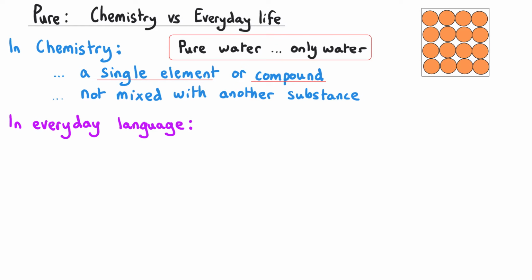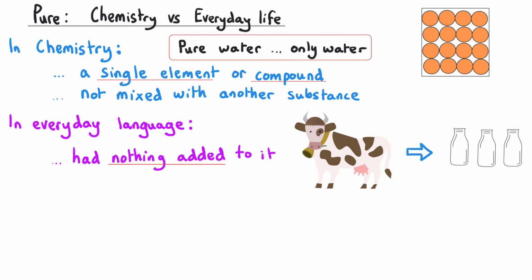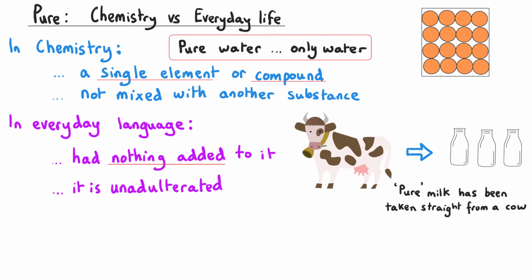Whereas in day-to-day life, we usually mean something quite different. In everyday language, a pure substance means a substance that has had nothing added to it. So if we get milk straight from a cow and we put it into a bottle, we haven't done anything to that milk to change it in any way, we might refer to that as pure milk. Meaning, though, that it is unadulterated, it's in its natural state.